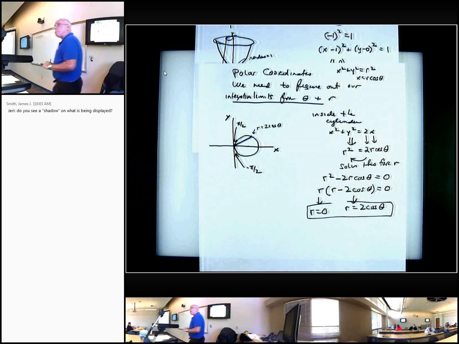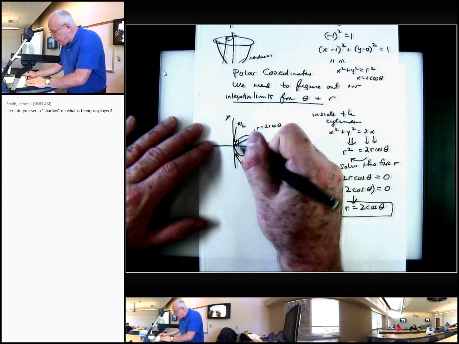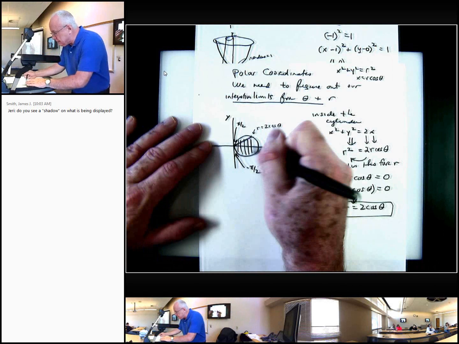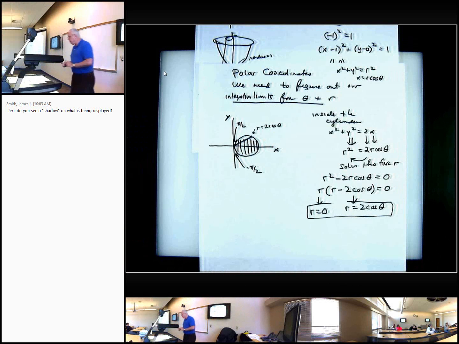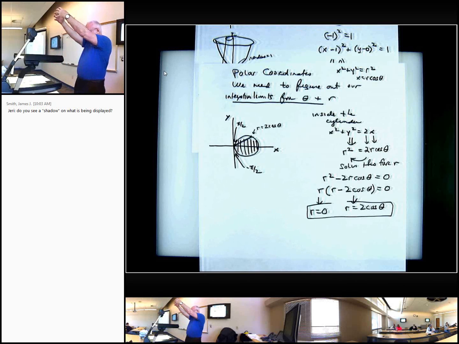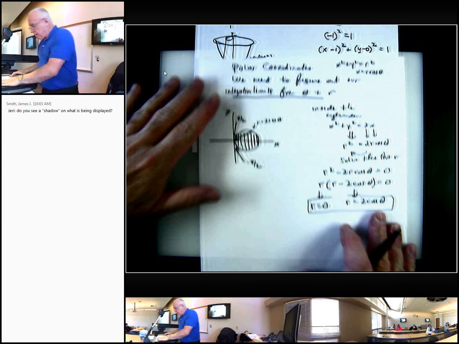So those are my limits of theta, going from minus pi over 2 to pi over 2. Because what we are doing here is integrating over this region in the xy plane. Remember, everything is trapped within that region going up. So that is our region we're integrating over. All right.